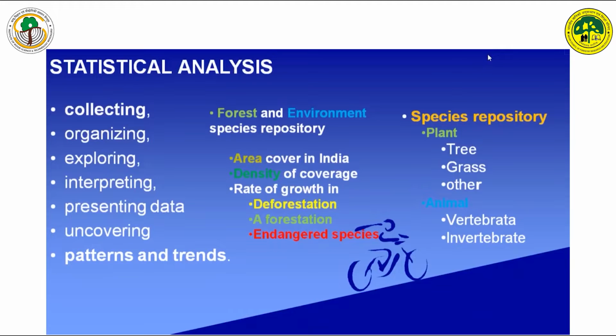Like in the Western Ghats forest, or in the northeastern forest, or in the Deccan Plateau forest. In such scenarios, the previous speaker has already spoken about remote sensing and GIS, and that also has some limitations.